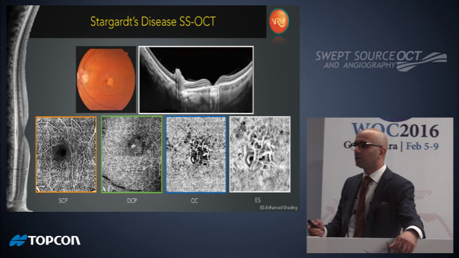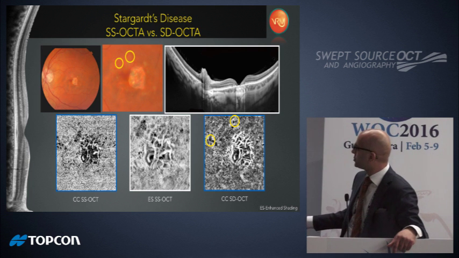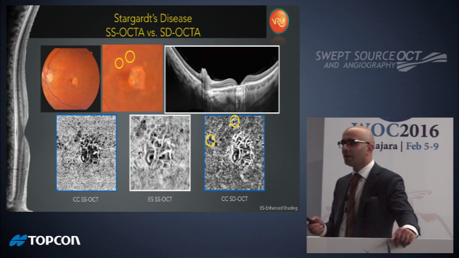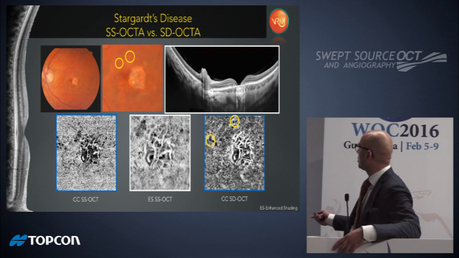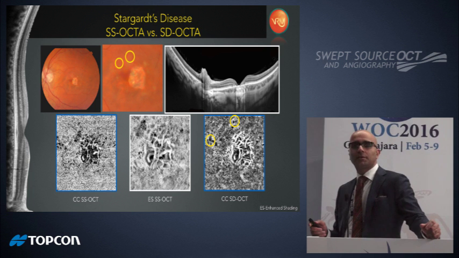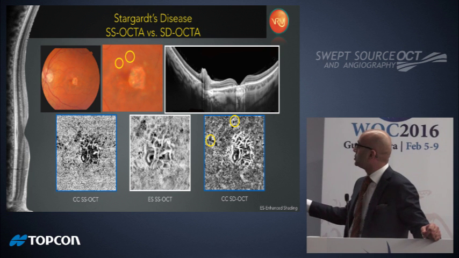And in this image here, you can really see the noise-free swept source choriocapillaris, and then the spectral domain choriocapillaris. The difference I'd call your attention to is the dark areas highlighted in the spectral domain image, and those represent the sites of lipofuscin, which we see up here.